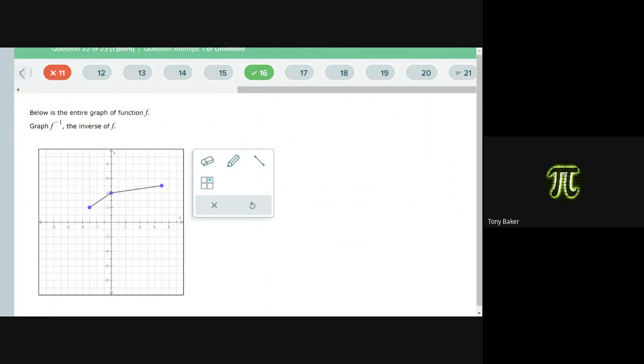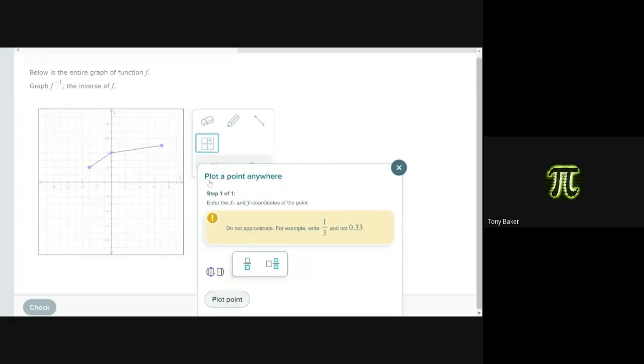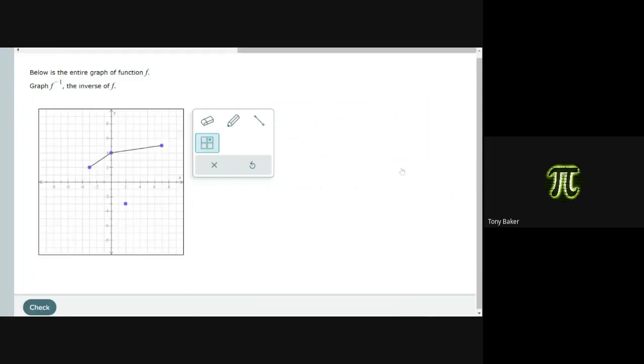What's the inverse do? It swaps the x and the y. So this point right there is x is -3 and y is 2, so my point is going to be at 2, -3. That's that point.